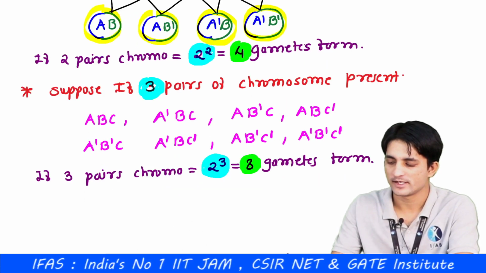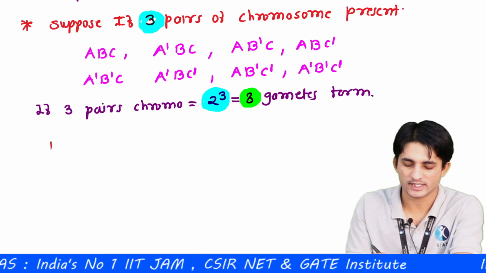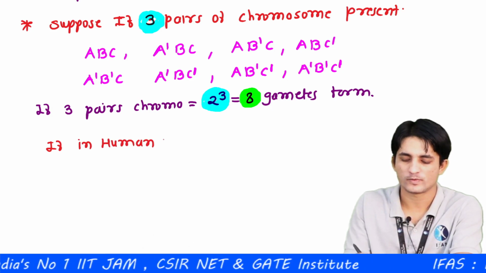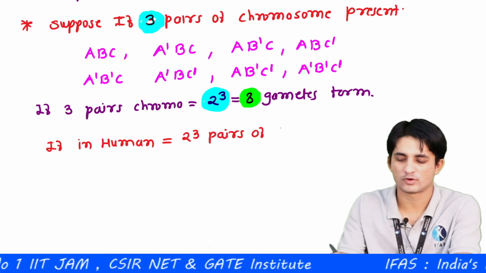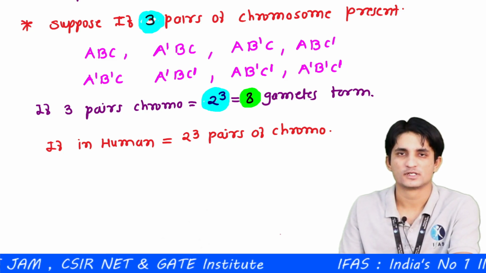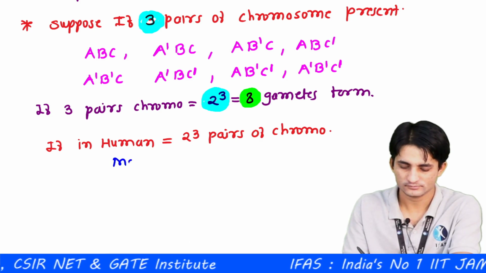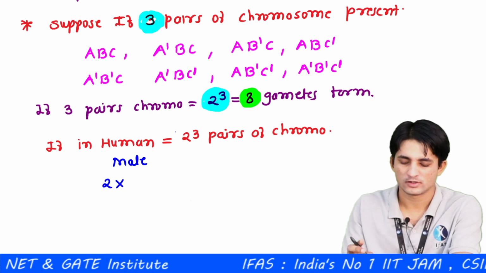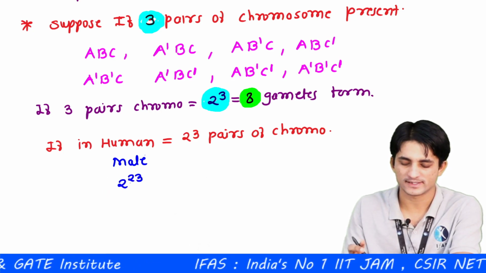And if in human 23 pairs of chromosomes are present, then what happens? Since 23 pairs are present, from the male side there is formation of 2 raised to 23 gametes.